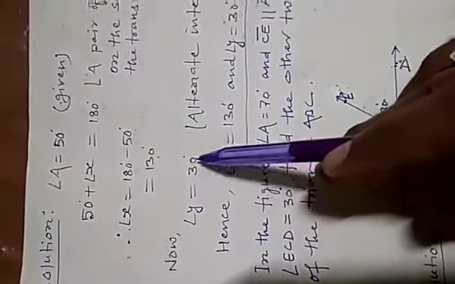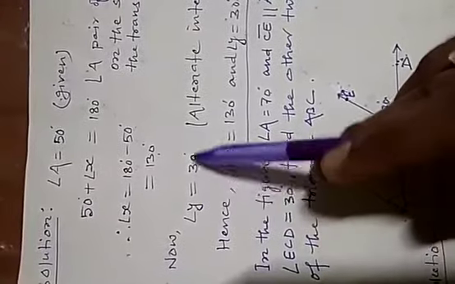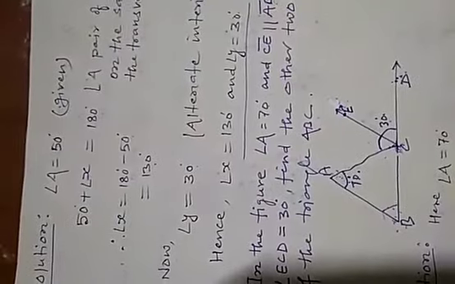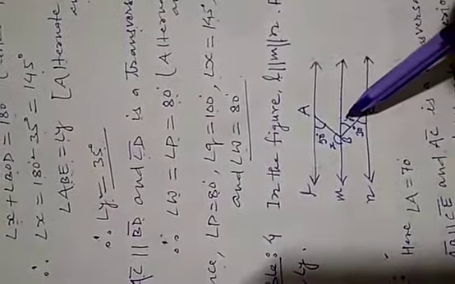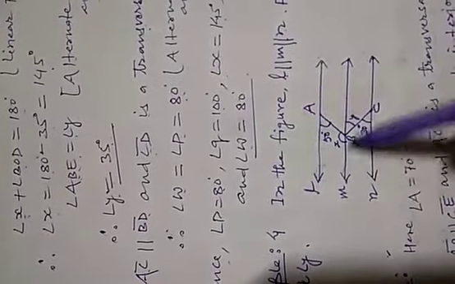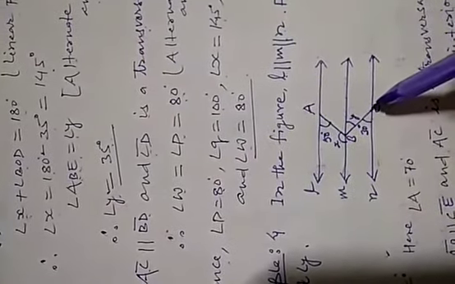Now, angle Y is equal 30 degree. Alternate interior angles. Because M is parallel to N and BC is transversal.